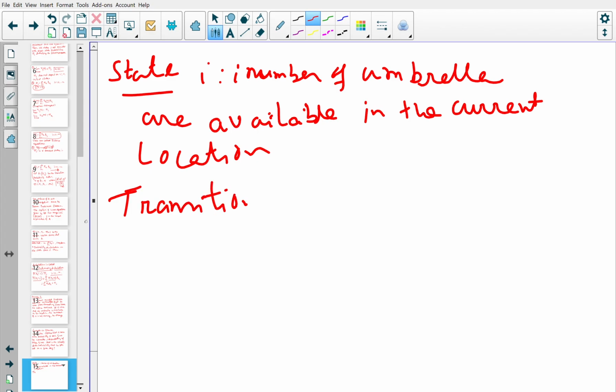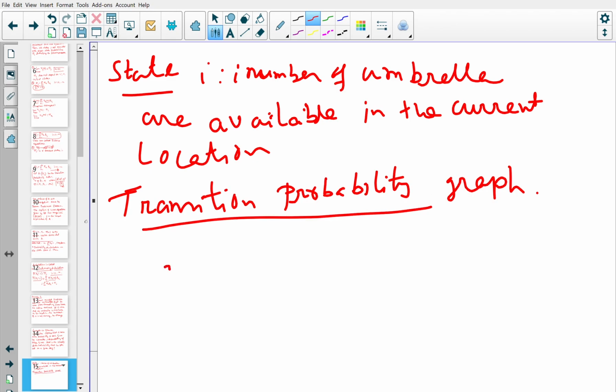So now first we try to understand what the transition probability graph looks like. So it can be 0 umbrellas, or 1 umbrella, or 2 umbrellas. Three states. Okay. Clear? Now suppose he is at the current state where there is no umbrella there, then the probability that he goes to the other place is always 1, right?